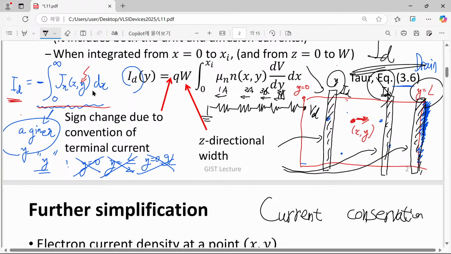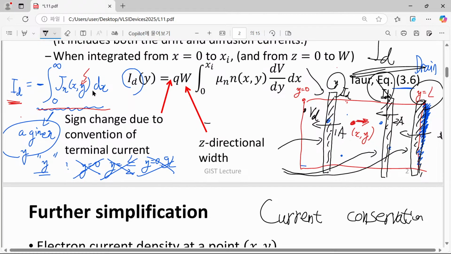So we must have exactly the same amount of current flowing through our small pieces, here written as resistors. Quite similarly, if we come back to our 2D MOS system here, if there occurs 1 amp, and this is 2 amp, and this is 3 amp, that is not allowed. We must have a constant value.